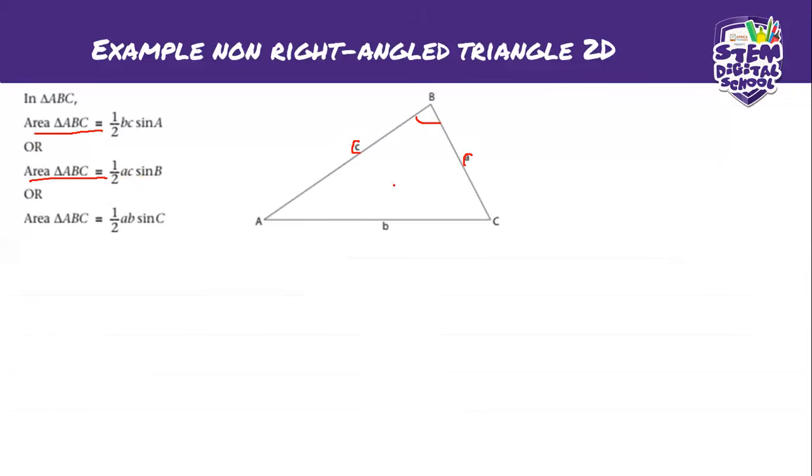Then you will have 2 sides and 1 angle at angle B. Then you're going to use this one to calculate the area.